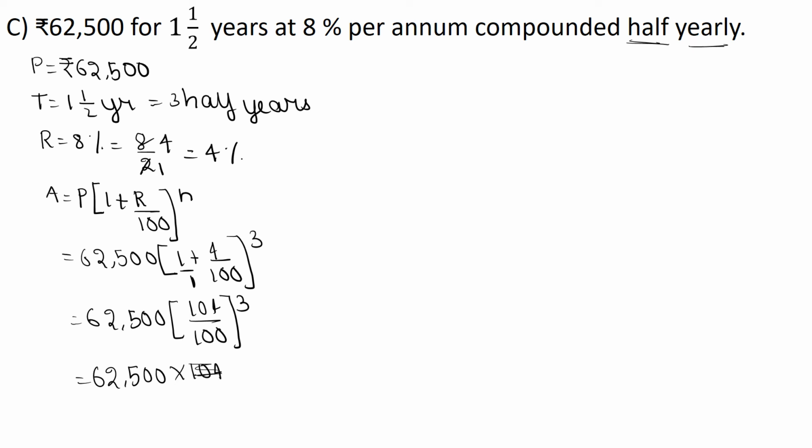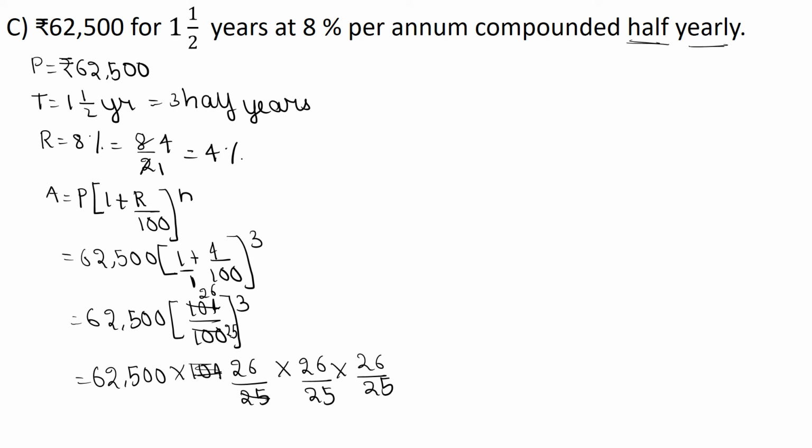Sorry, we can also cancel it to make it easy. 4 26 times for 25 times. So 26 by 25 into 26 by 25, 26 by 25, we multiply it 3 times. It is an easy way to do.